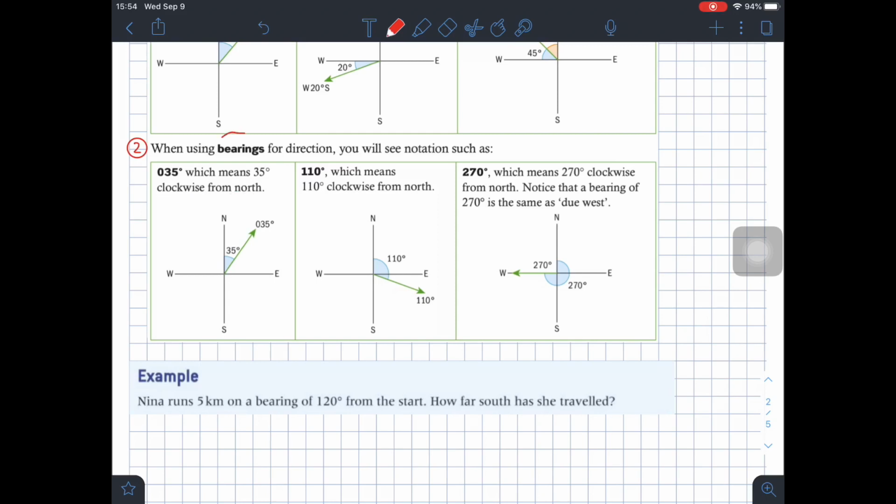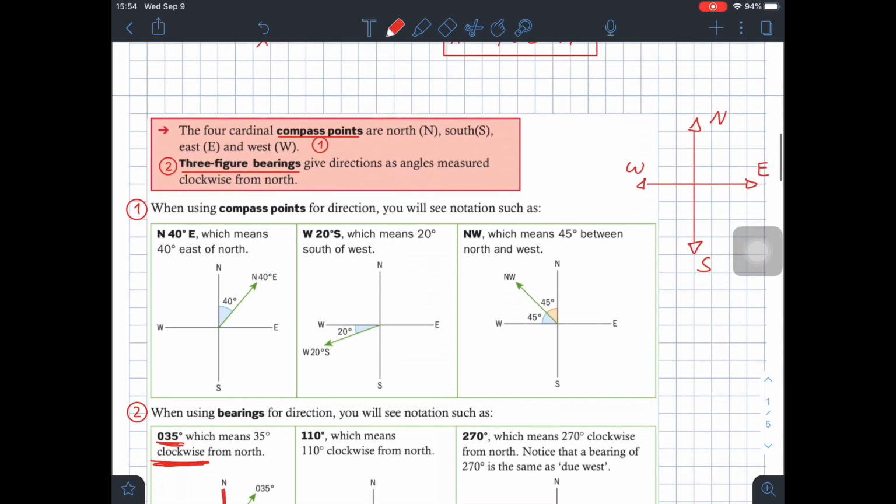So whenever you read the word bearings, or you're given an angle in this form, or this form, or this form, you should always follow the same rule. You always begin from north, okay? So you go north, and then you go 35 degrees in this case, clockwise, okay? It's always clockwise. You see the definition here. Clockwise from north. Remember that rule.